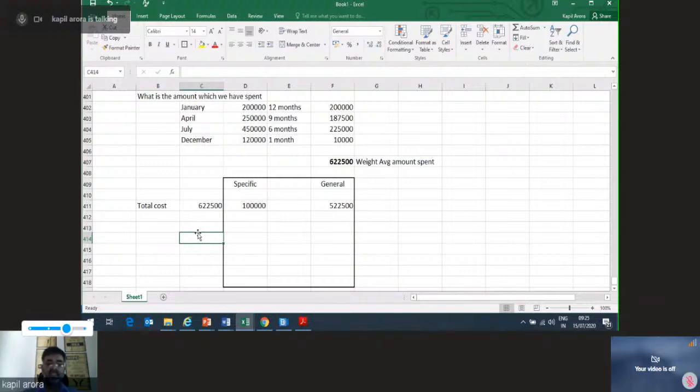Now the question comes up, what is the interest? Interest on specific is charged on the specific loan we have taken. How much specific loan was there? 1 lakh rupees. So 1 lakh into 10% will be considered straight away as the total borrowing cost on the specific loan.